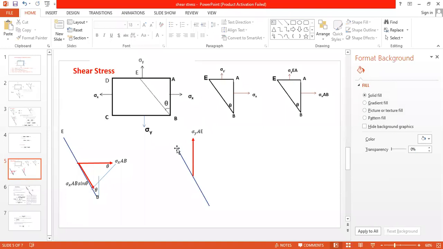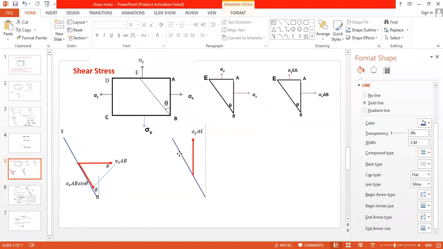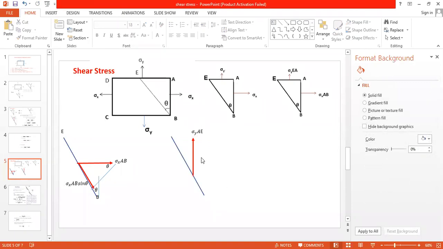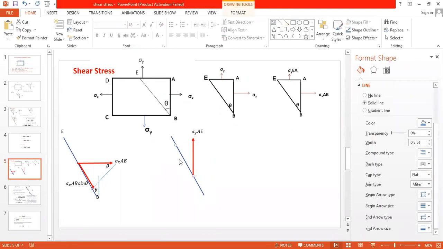Now we need to find the tangent component of this one. Here it has angle theta. How can we find the tangent component? The tangent component is here, and this is your normal component. The tangent component is this one.